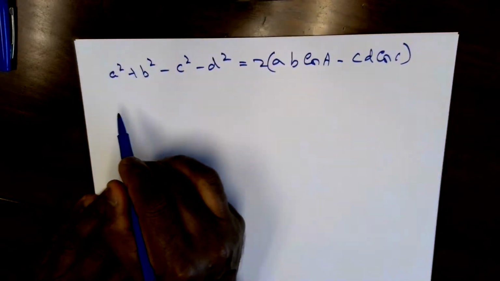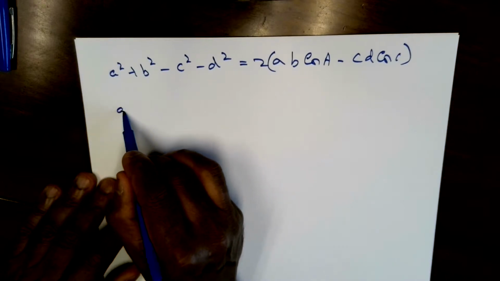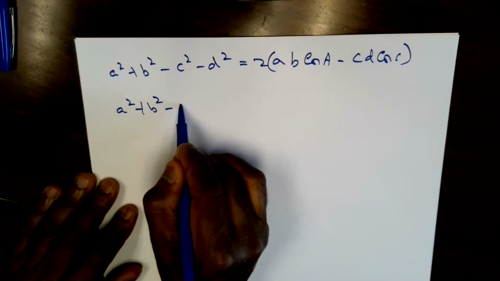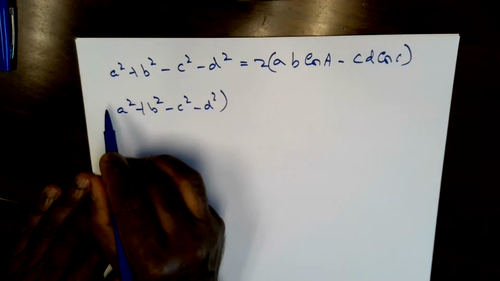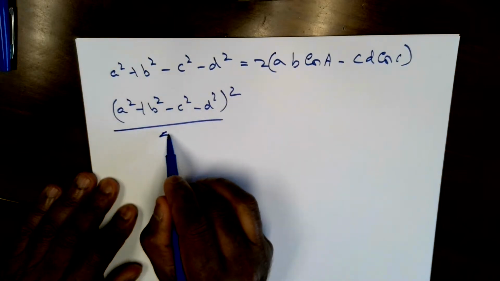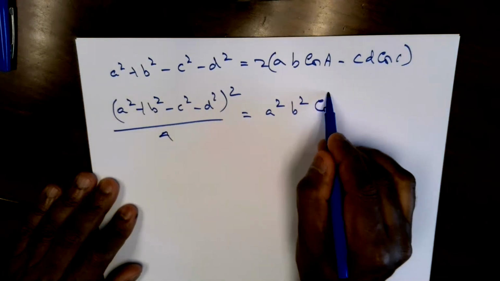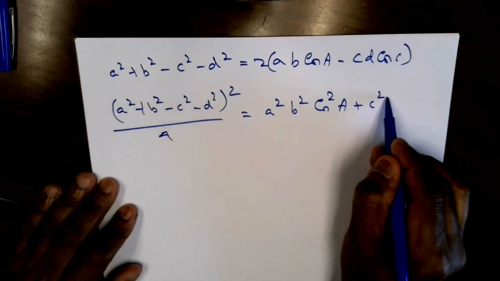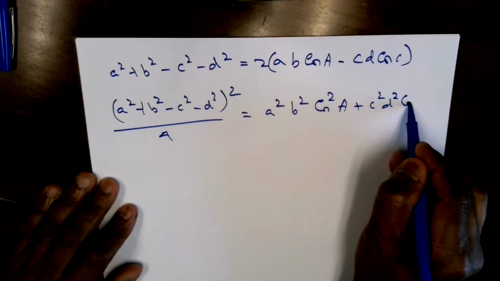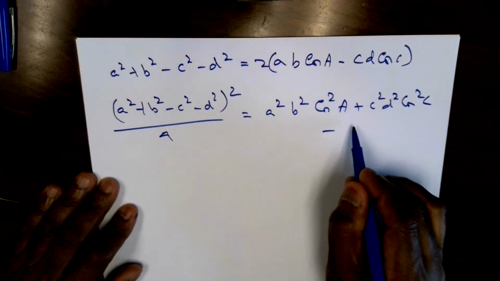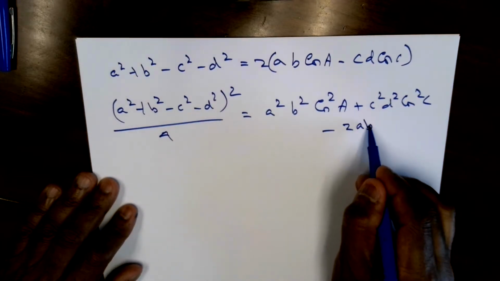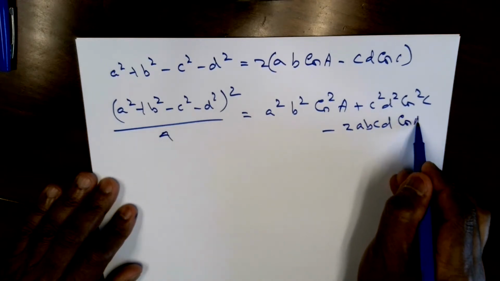So I'm going to square this, so that a squared plus b squared minus c squared minus d squared, the whole squared, over 4 is a squared b squared cos squared a plus c squared d squared cos squared c minus 2abcd cos a cos c.